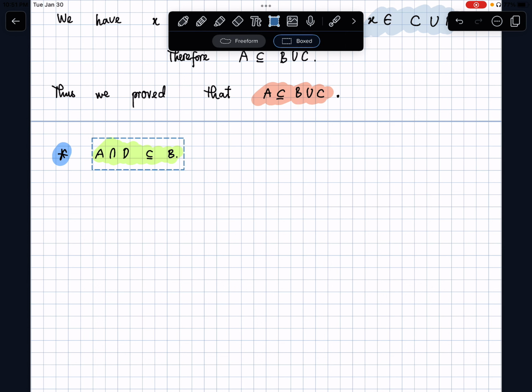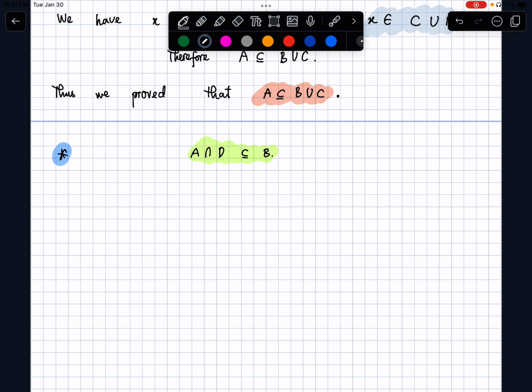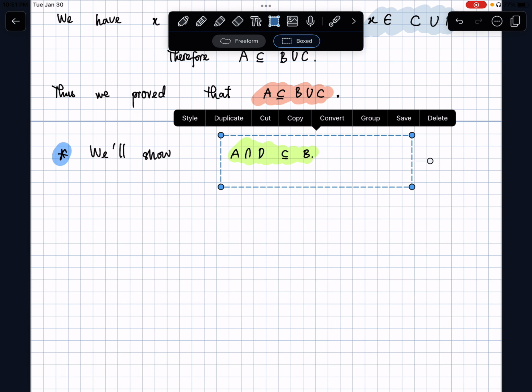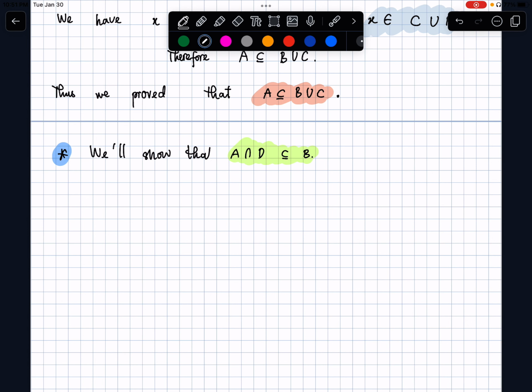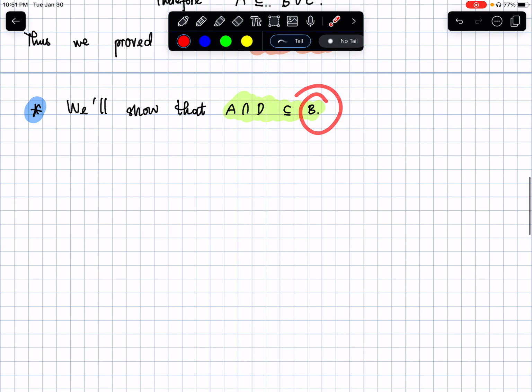We need to show the other containment. Actually, this one should work the same, right? This set is a subset of the other one. So we start from the small set first.